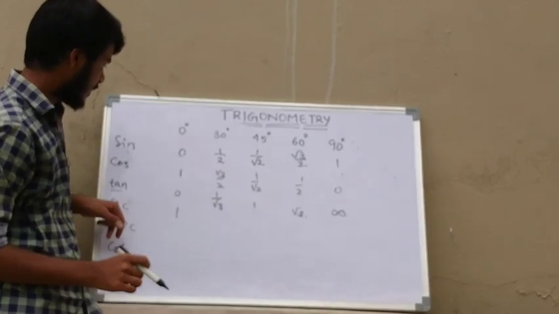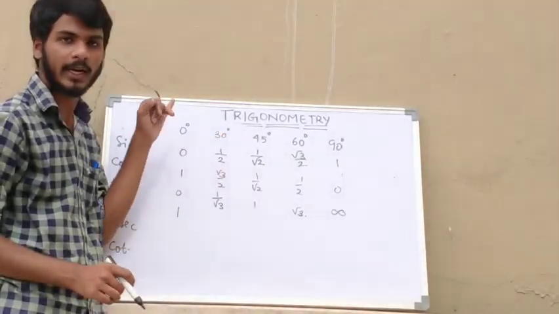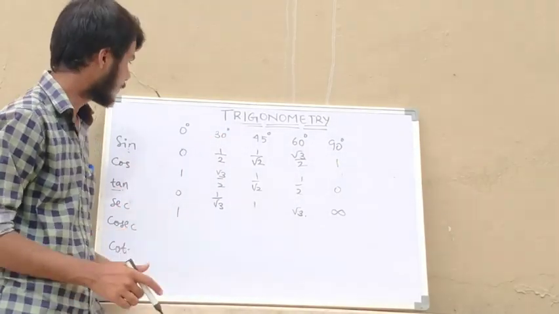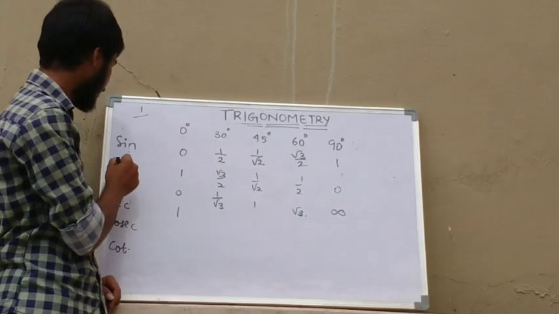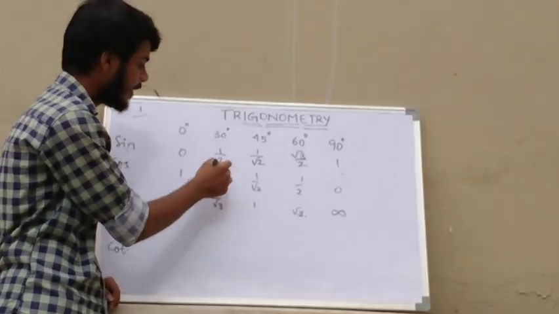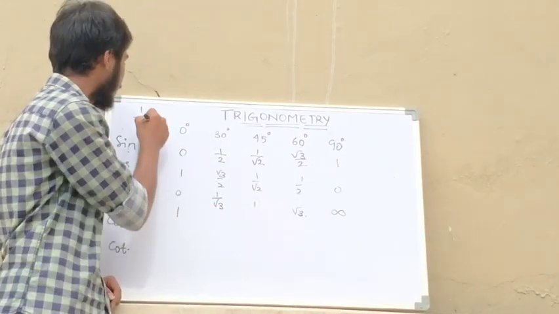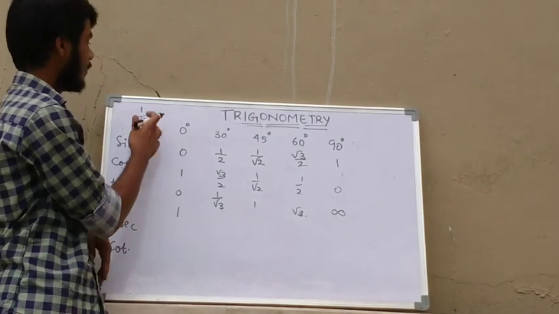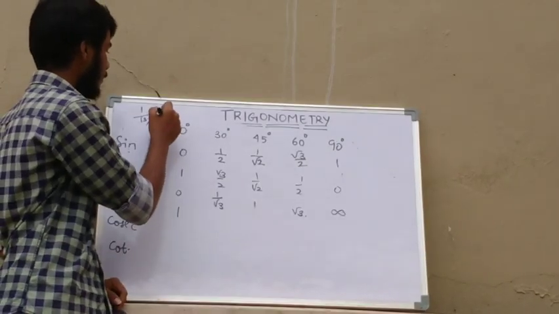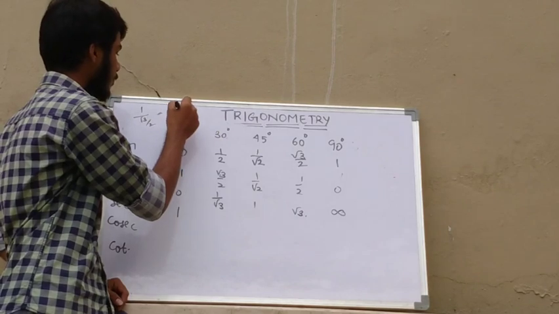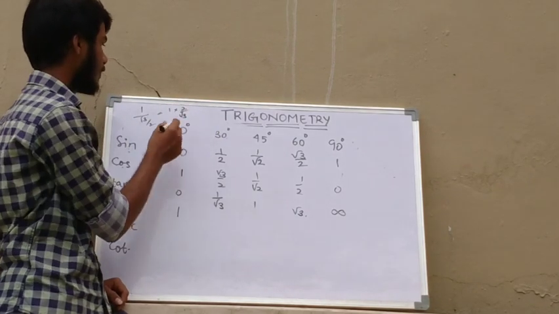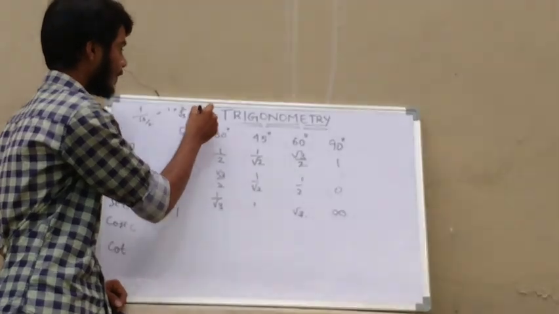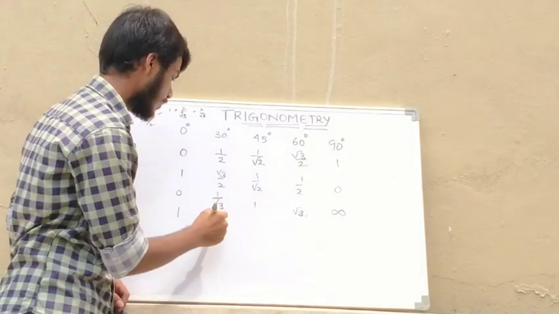Secant 30 is 1 by cos 30. Cos 30 is root 3 by 2, so 1 by root 3 by 2, reversed, becomes 2 by root 3.